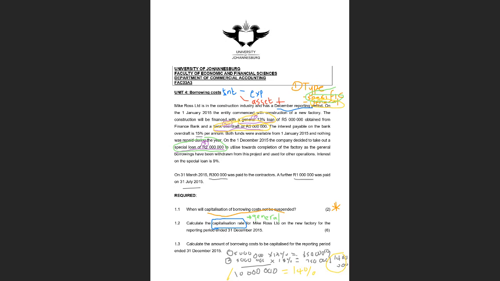These dates here are important. What's important about these dates is it's going to help you to count the number of months. And the way that you would count the months, this is important, please pay attention to this. You always count from the date the payment was made until the year end, or if something happened where the project stopped, or the loans were taken away or something like that, then you would stop at that date.